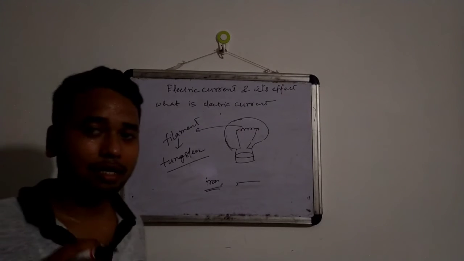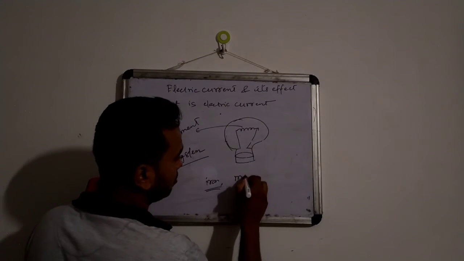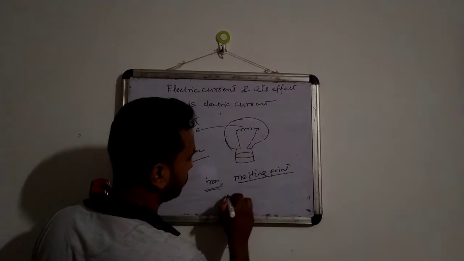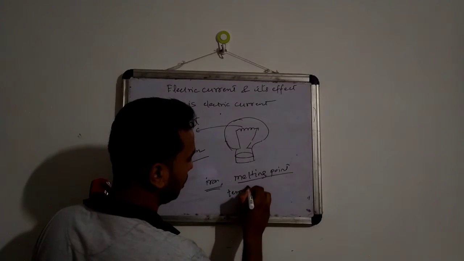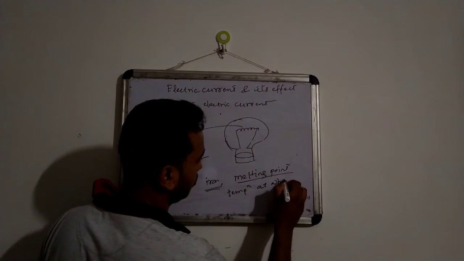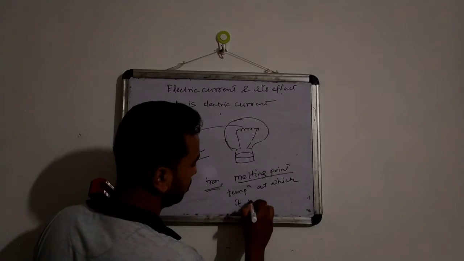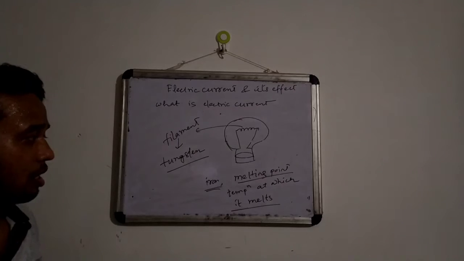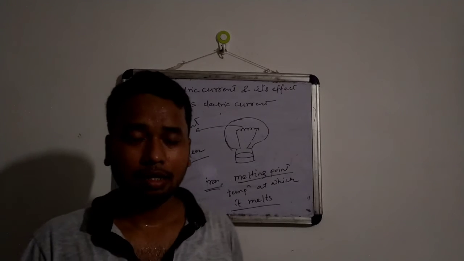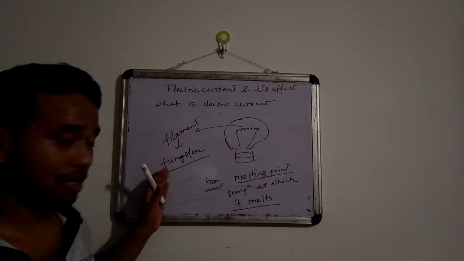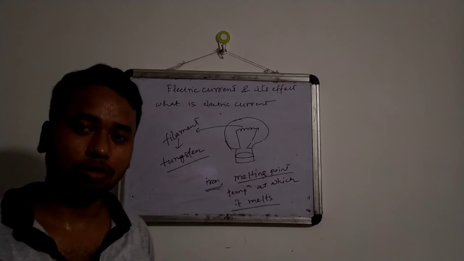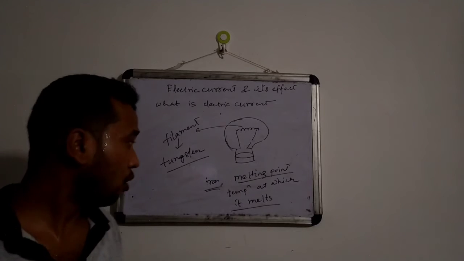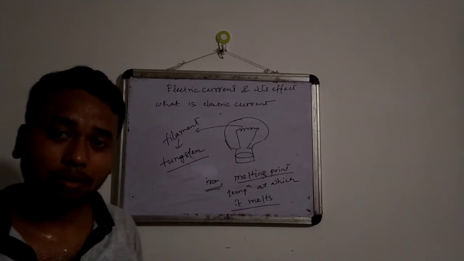Melting point means the temperature at which it melts. That means if we are providing a temperature to this substance and we continue to increase the temperature to a very high value, then also this material will not melt.